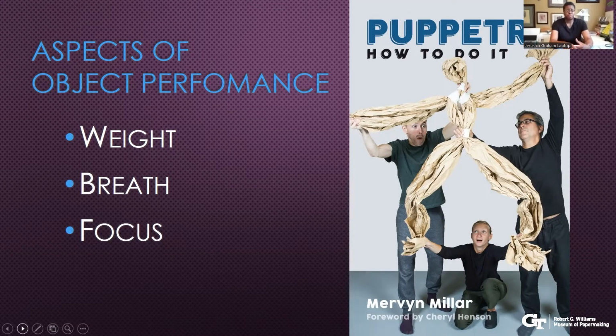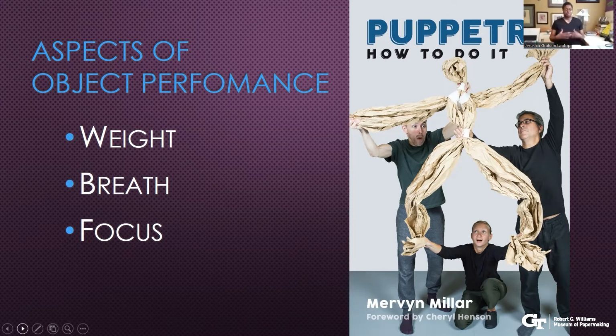As you're performing with 3D objects, if your object is supposed to be very big and heavy, you can't have it move super quick. It's going to move a little bit more slowly. If it lands on something, then we should see some of that squash happening to the thing that it's landing on because it's heavy.